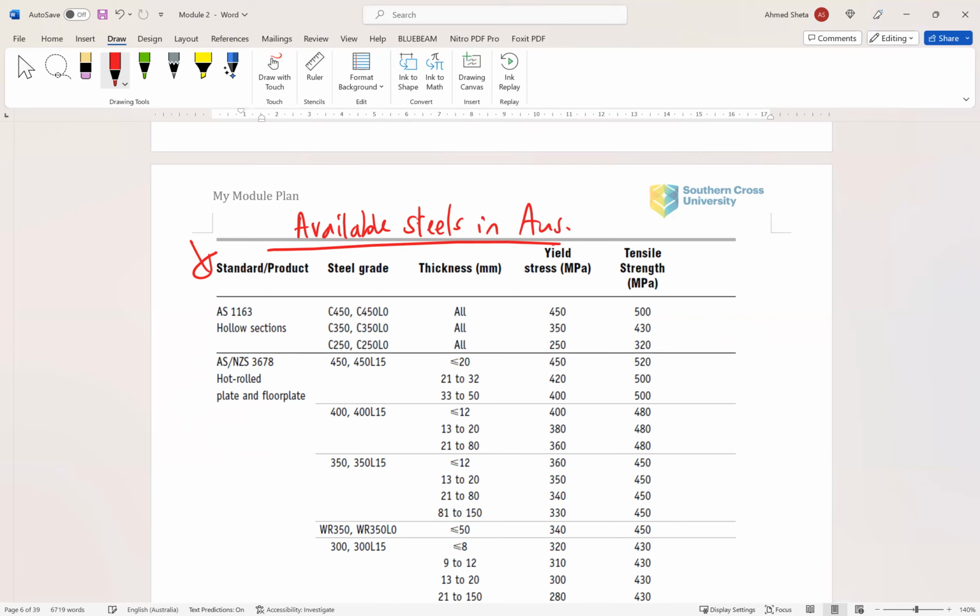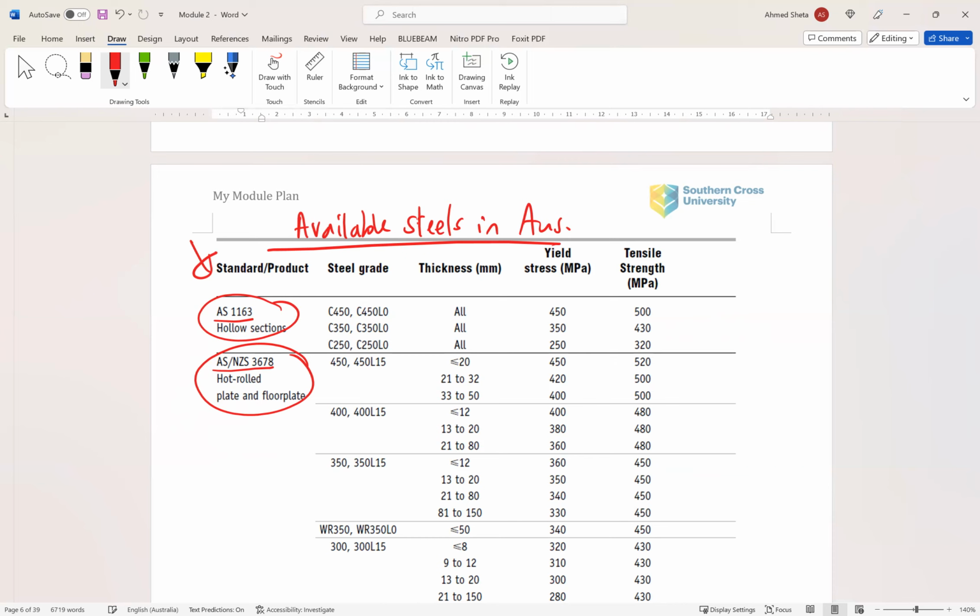You can see some steels complying with the Australian standard for hollow sections, and some complying with the Australian standard for hot rolled sections and plates.